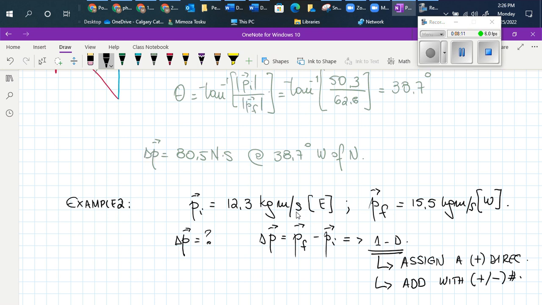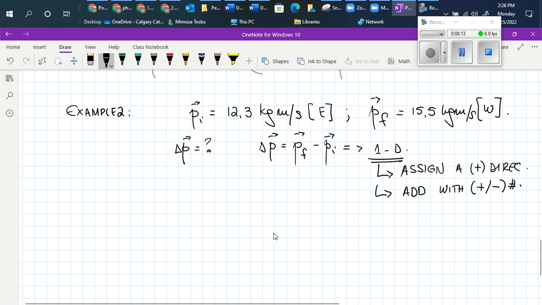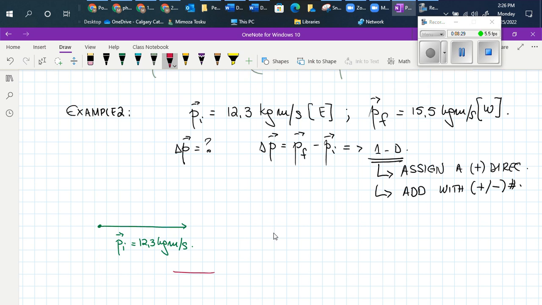So vectorially, the situation will be something like this. P initial will be 12.3 kilograms meters per second, and P final will be 15.5 kilograms meters per second going west, while this one here is going east.